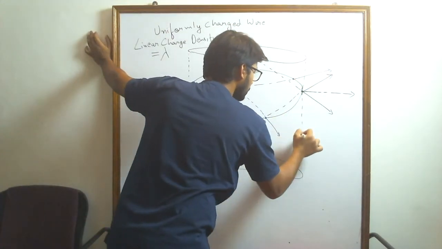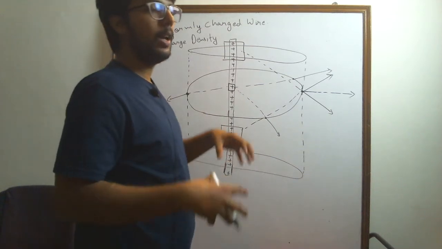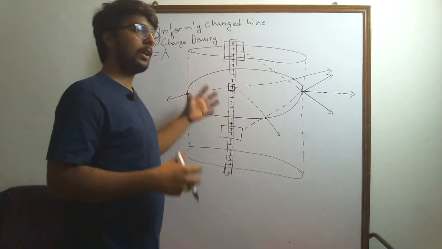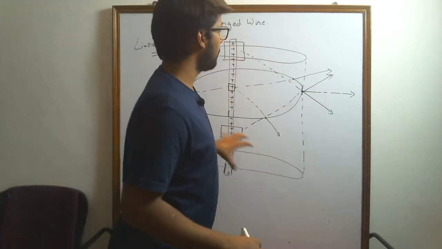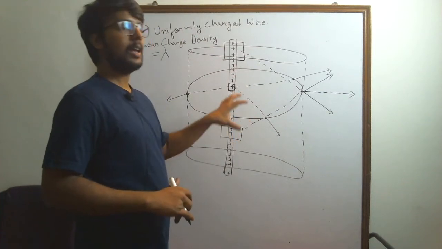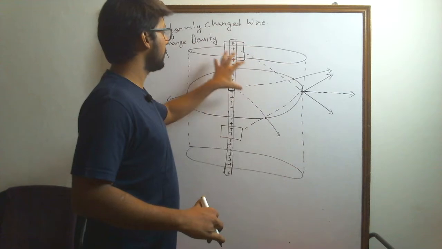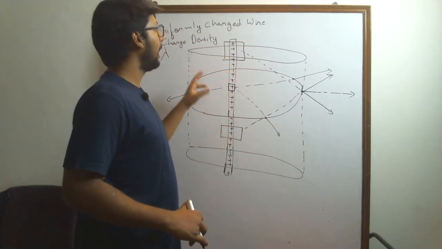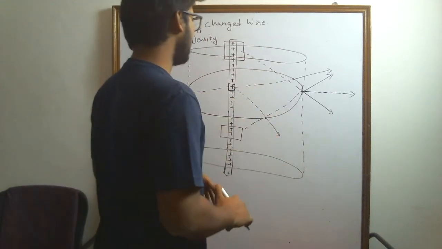I take a cylinder as my Gaussian surface. Now, what is a Gaussian surface? A Gaussian surface is essentially an imaginary surface that I can take, depending on the situation, to figure out how much flux is passing through this Gaussian surface, and if that is the flux passing out of that Gaussian surface, how much charge is encapsulated in it, and I can then use Gauss law to figure out the electric field.